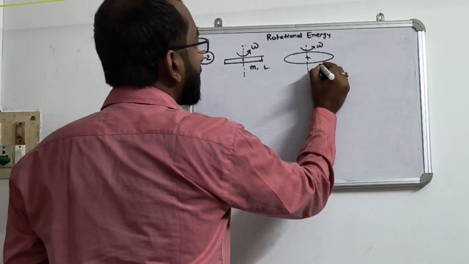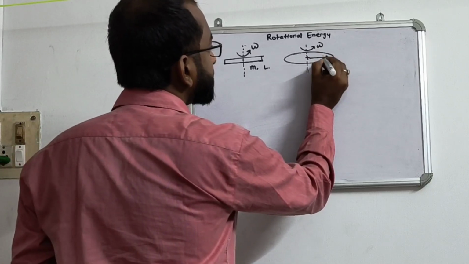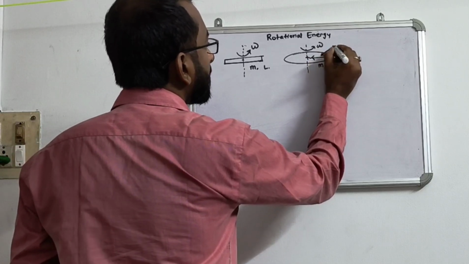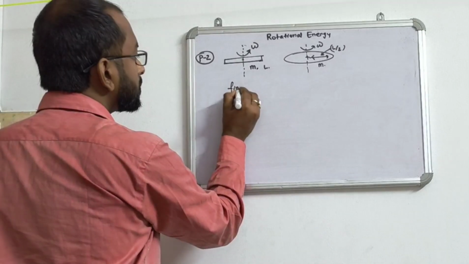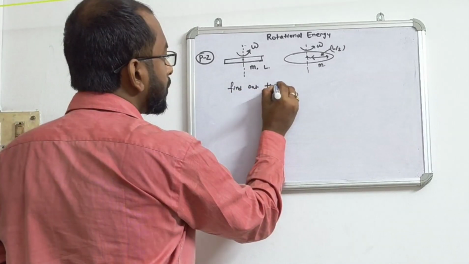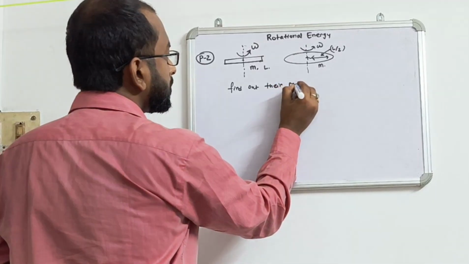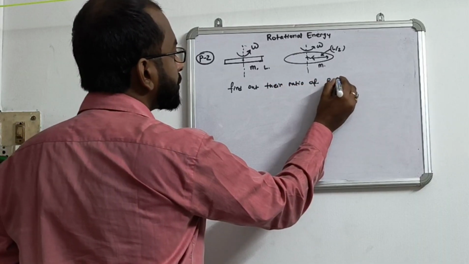The disc mass is m and its radius is given as L by 2. Find their ratio of rotational energy.